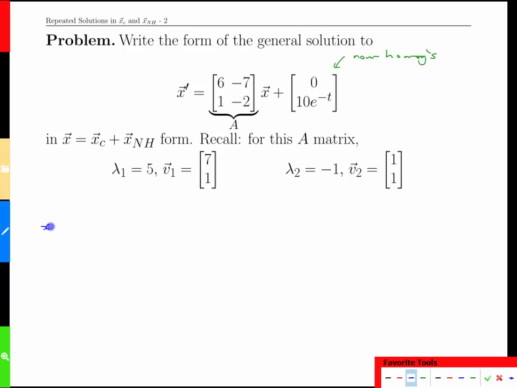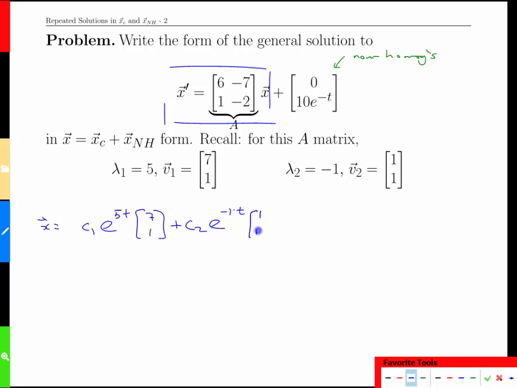The first thing we would do when faced with this question is take a look at the homogeneous portion of it and figure out what that solution is simply by looking for the eigenvalues and eigenvectors of the matrix A. And then we could start building our solution as C1, here are those eigenvalues and eigenvectors, e to the eigenvalue, t times the eigenvector, plus a constant e to the eigenvalue times t, minus 1 times t, times the constant eigenvector. That makes up our solution to the corresponding homogeneous case.